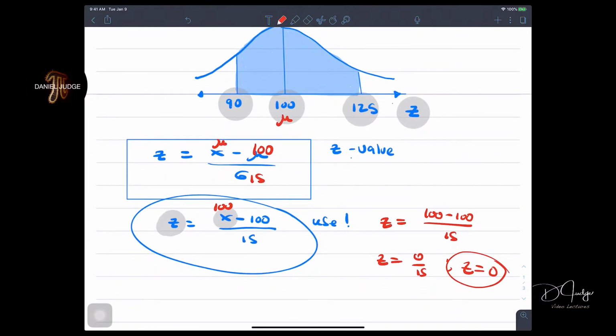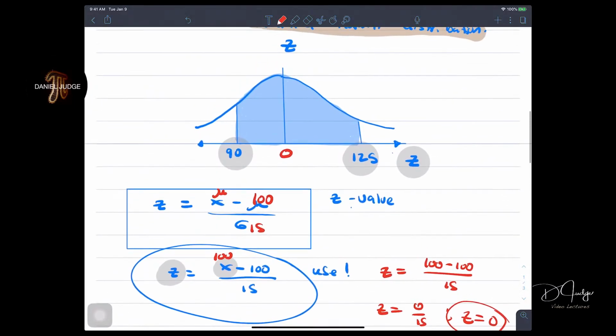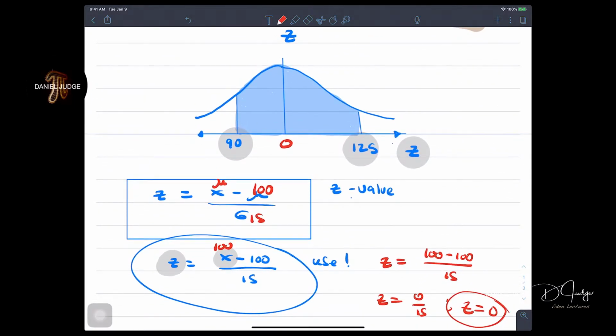Yes, the mean, whatever you're dealing with, will always be 0 as a z value. That should make sense, because in the table we worked on last week, 0 was the mean for the standard normal distribution, the z distribution. So we're converting to a z distribution. Are you okay with that?